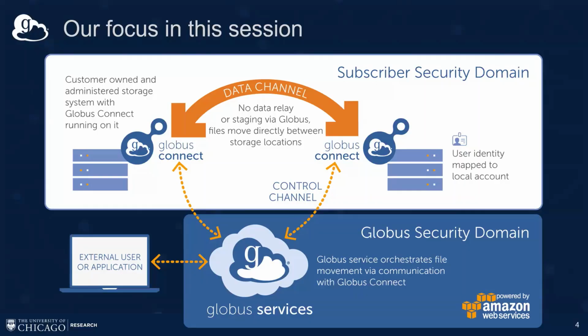It may have a POSIX mounted file system behind it. It may have an S3 bucket. It could be a Google Drive. What the user sees is still files and folders, and all that complexity and the API of talking to Google Drive is hidden behind.